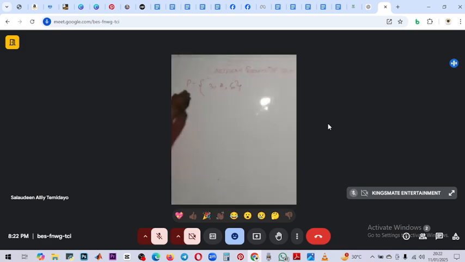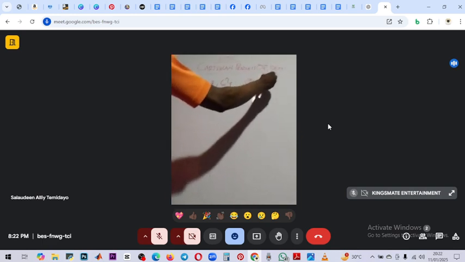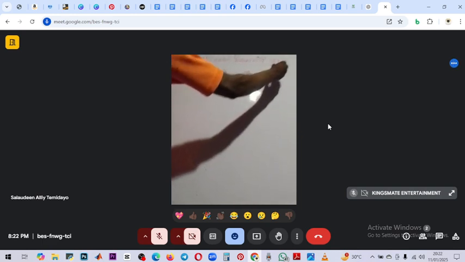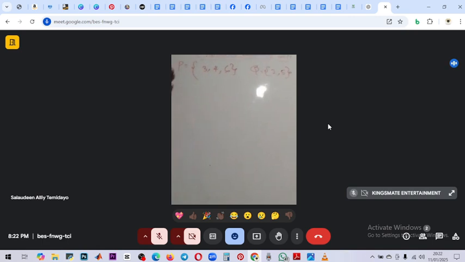Set P is equal to {3, 4, 6}, and set Q is equal to {2, 5}. Now, what is the Cartesian product of P and Q? So that means each element of P by each element of Q, right?